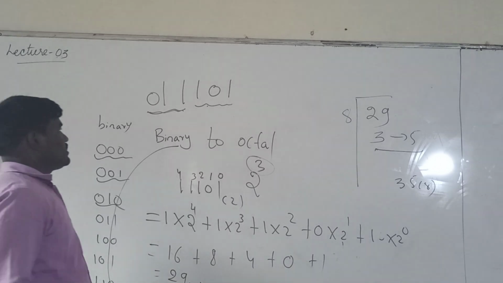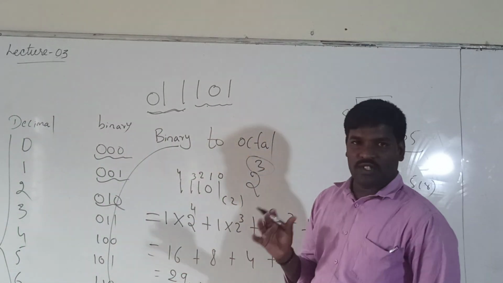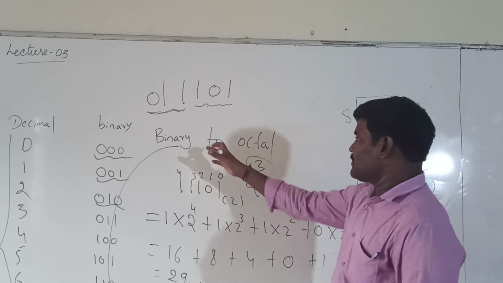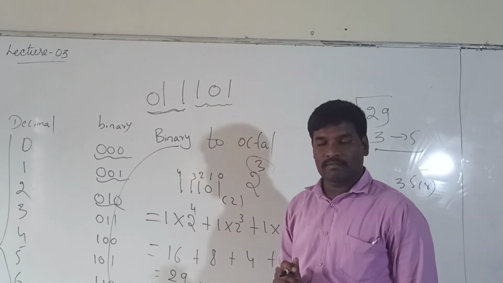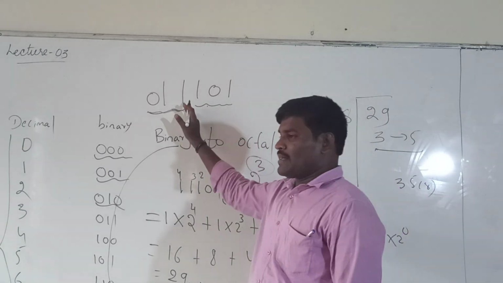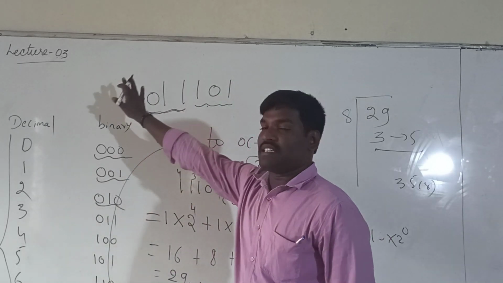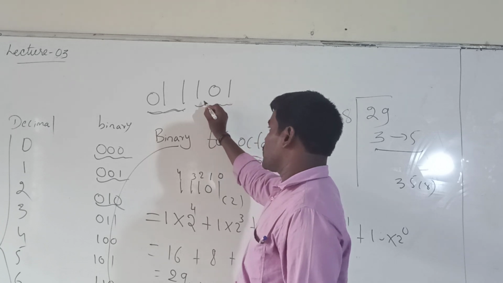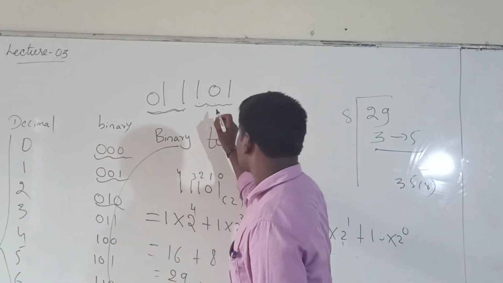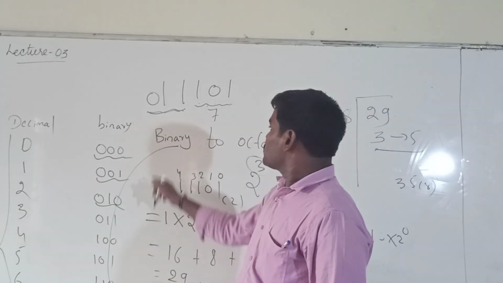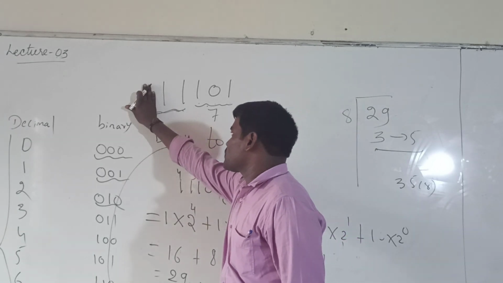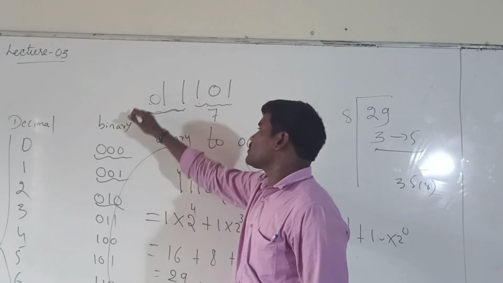See here, the shortcut method for converting binary to octal is: make groups of 3 digits, from right to left. See here, 101 indicates 5. Next 011 means 3. If there are not enough digits, you have to mention 0.